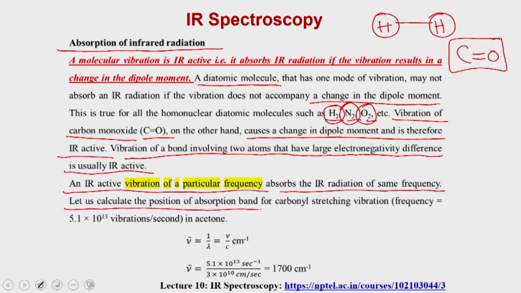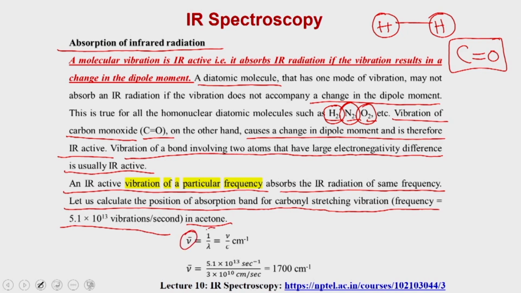Let us calculate the position of the absorption band for a carbonyl stretching frequency. The carbonyl stretching frequency is 5.1 × 10^13 vibrations per second in acetone. If you want to calculate where this molecule is going to absorb in the IR radiation, the formula is very simple.